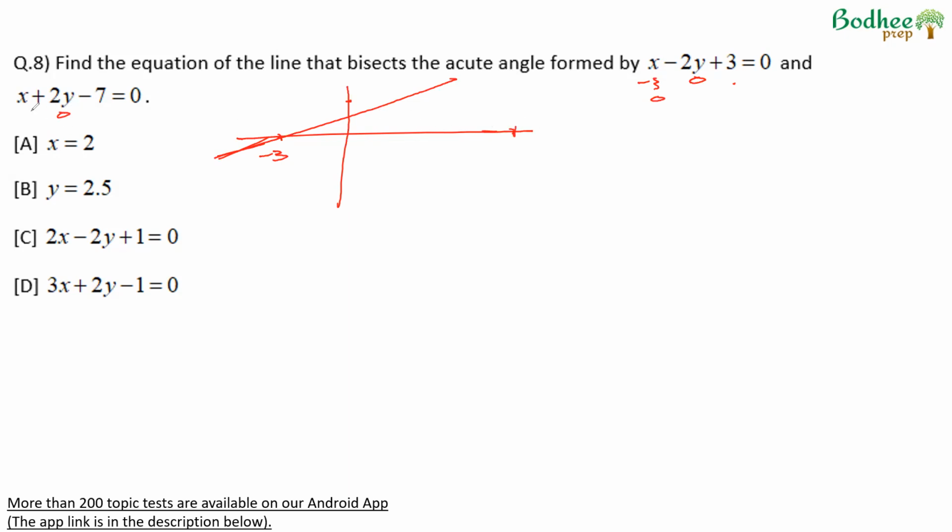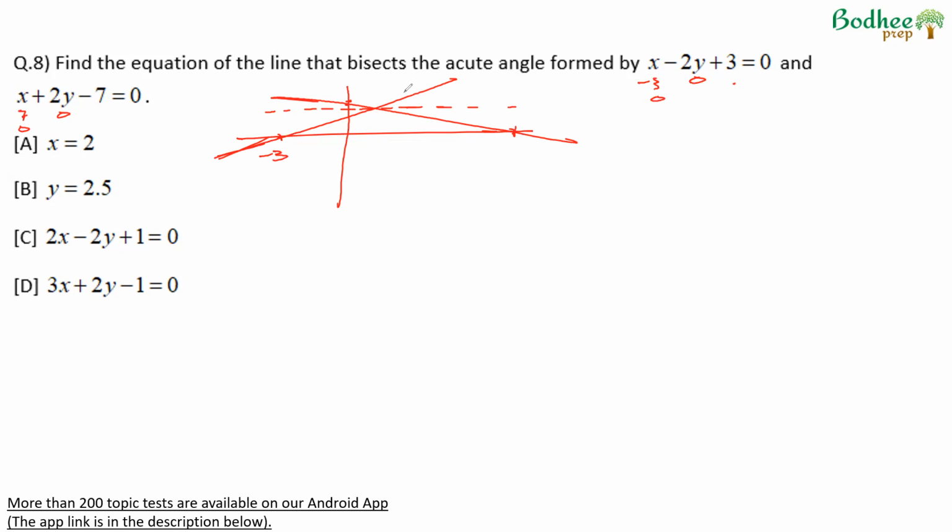Further off. When x is 0, y will become 7 by 2. Something like this. (Correction: for the first line, if y is 0, x will be minus 3, since minus 3 plus 3 is 0, and when x is 0 we get 3 by 2.)